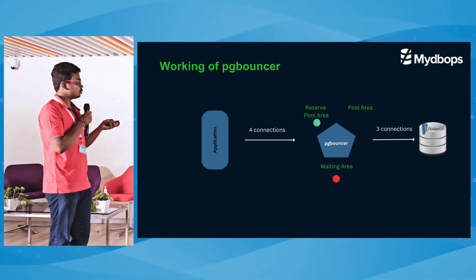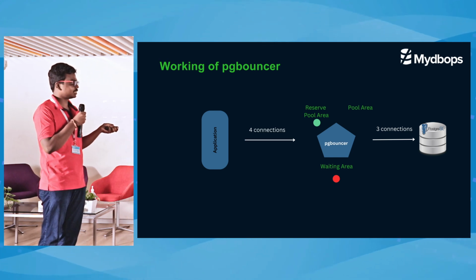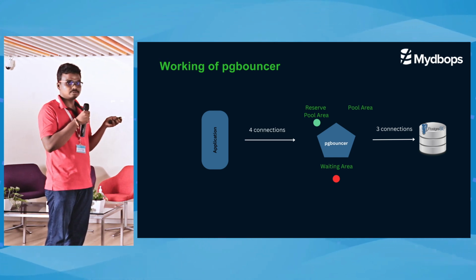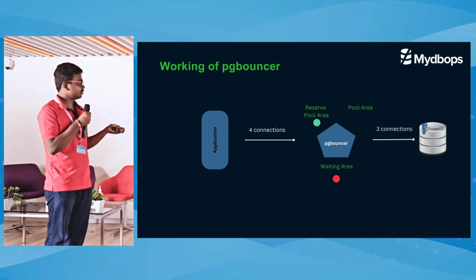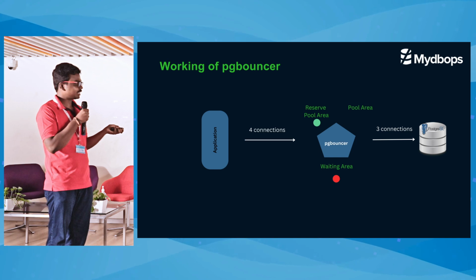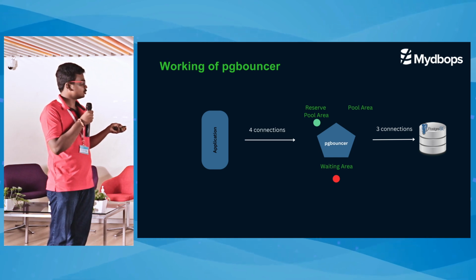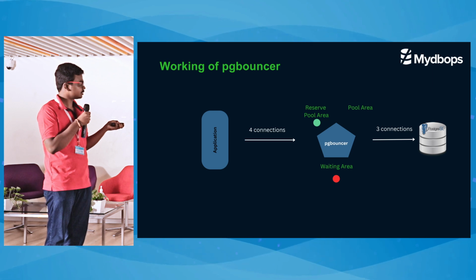Now what will happen? There are 2 chances. Either one of the 3 connections already executing completes and sends the connection back to the pool, so the waiting area will be served from the pool. Or else, if it times out, it will use the reserve pool and make the connection to the database.